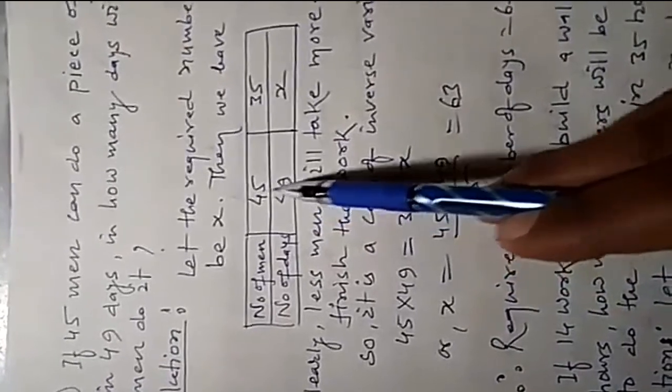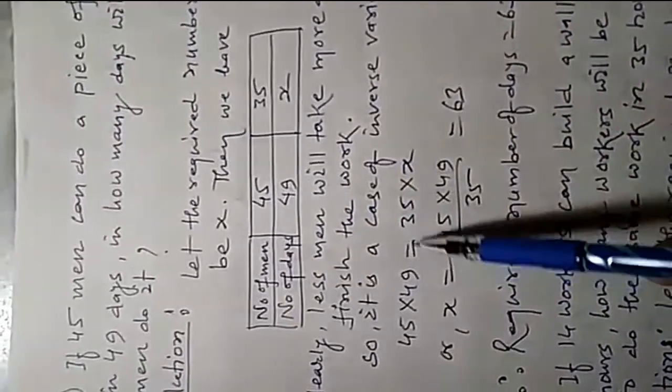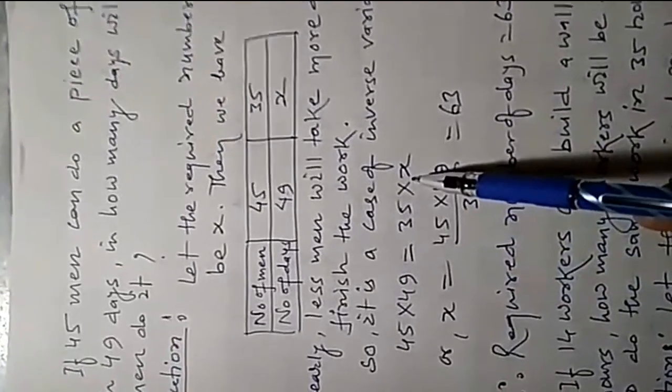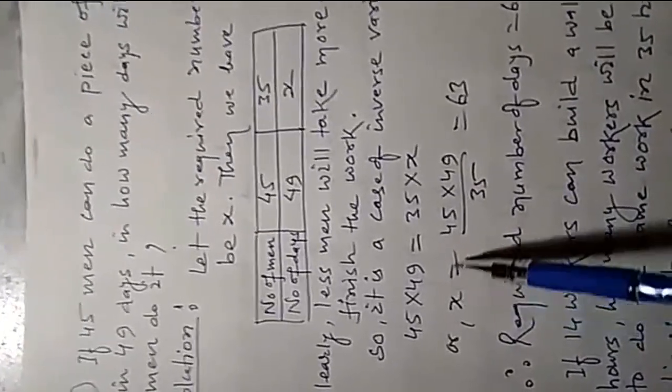Therefore, 45 into 49 is equal to 35 into x. We can write x is equal to 45 into 49 by 35.